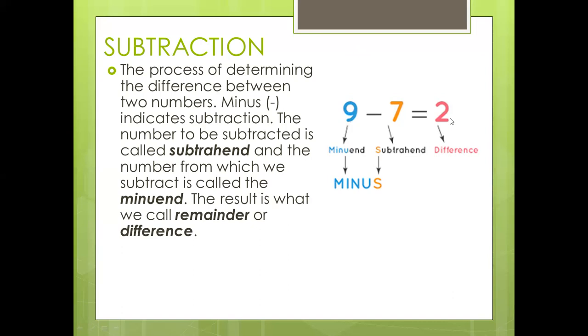So 2 is the difference. So basically, subtraction is the process of taking away a number from another. It is a primary arithmetic operation that is denoted by a subtraction symbol, as what I said, and it is the method of calculating the difference between two numbers.